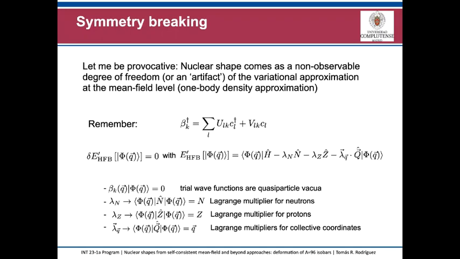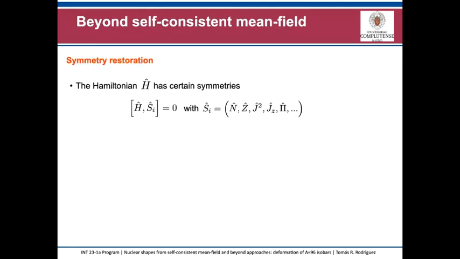Our Hamiltonian commutes with some symmetry operators. In particular, it commutes with the number of particles, with J squared and J_z if they are rotational invariants, and with parity, and so on and so forth.